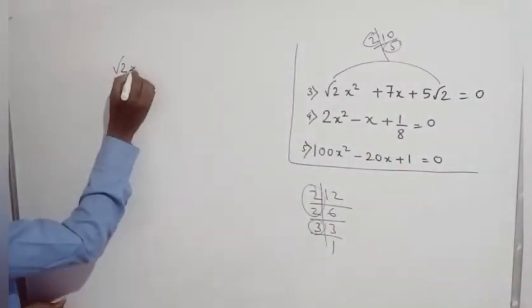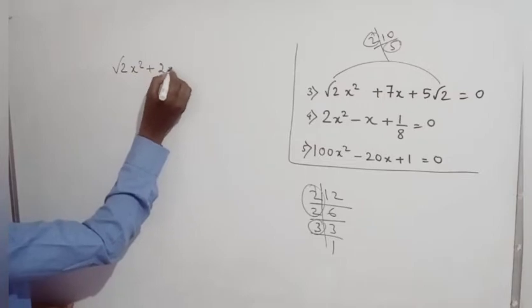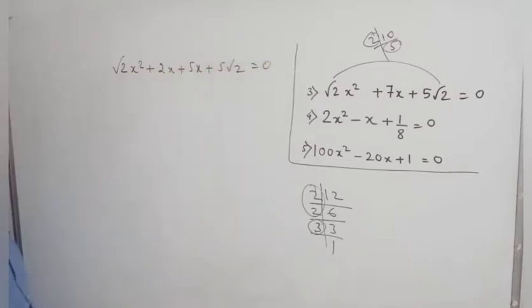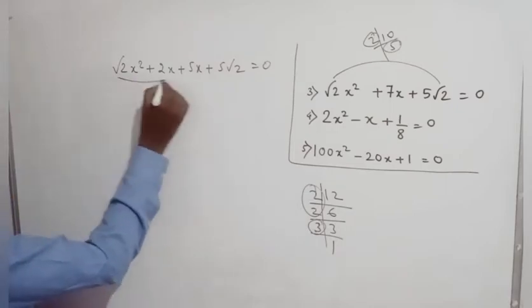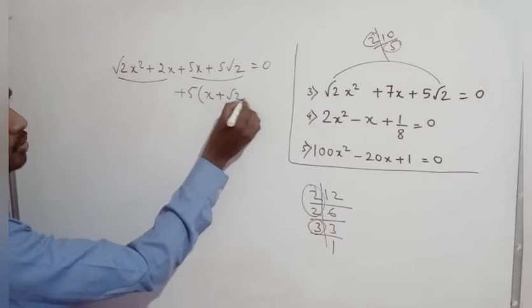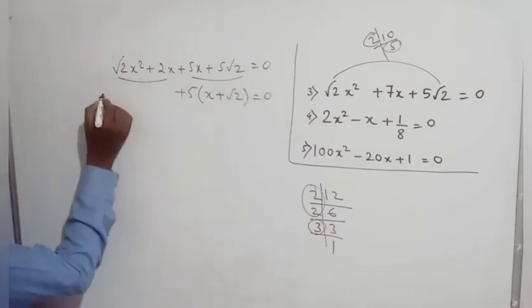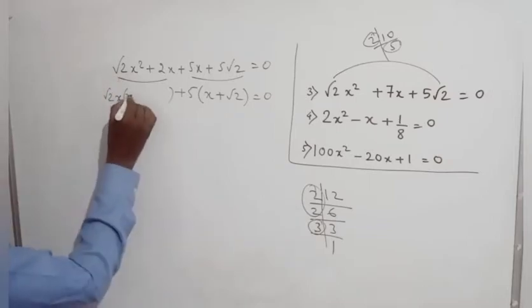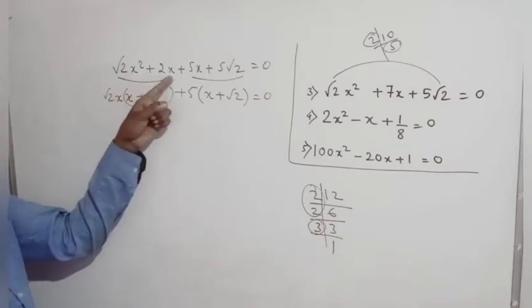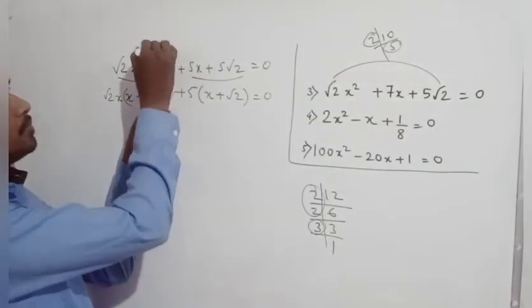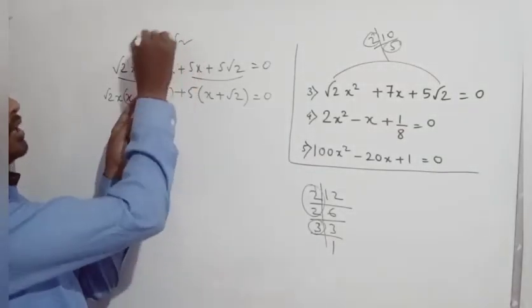Root 2x square plus 2x plus 5x plus 5 root 2 is equal to 0. Same method, take common. Here you will take 5 common, so x plus root 2, and here you will take root 2x common, because here is root 2, so x plus root 2, you have taken common. With 2 means 2 root 2, in this 2 you have taken 1 root 2 common.